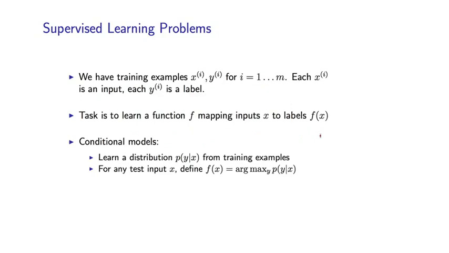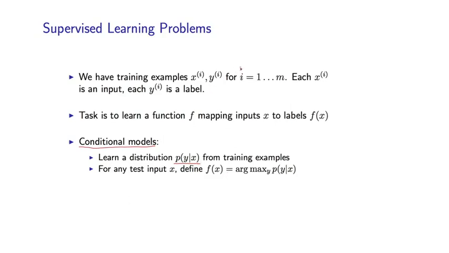So the first kind of model you might consider for supervised learning is what's called a conditional model. And that goes as follows. In a first step, in the learning step, we will actually learn a distribution, p(y given x), from the training examples.